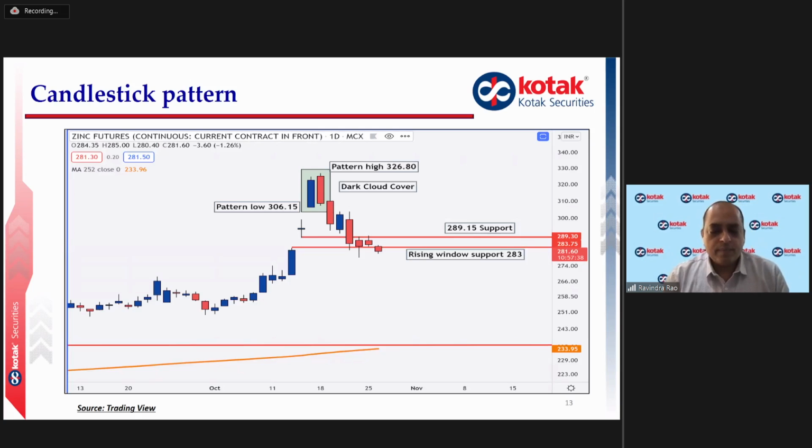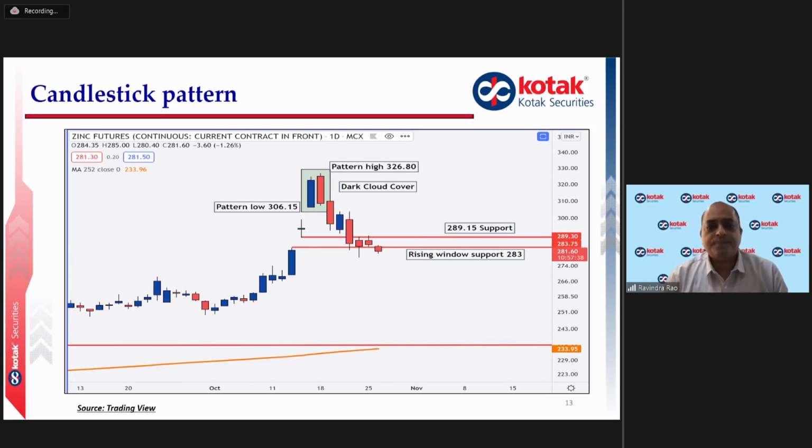Then comes candlestick pattern. Now candlestick patterns are very good for identifying entries. The disadvantage of candlestick pattern is that it doesn't give you an exit level, but for exit level you can look at other tools also. Now if you look at the screen, it's a dark cloud cover pattern.